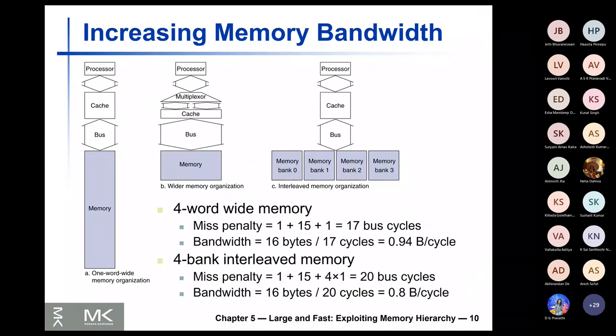Notice the one word cache organization, one word wide memory organization. In this, the cache block size is 1. Whether cache block size is 1 or not is different. The memory supplies the cache with only one word at a time.